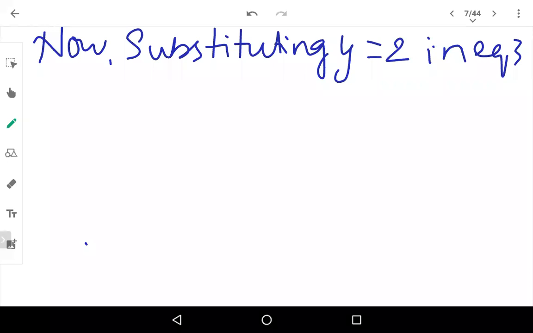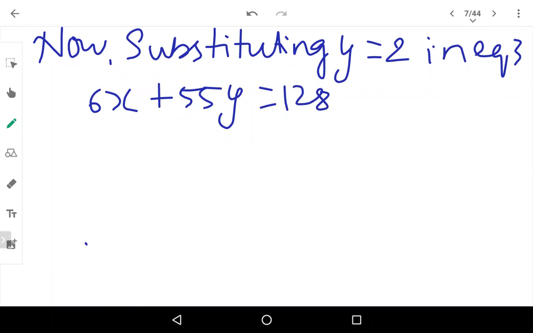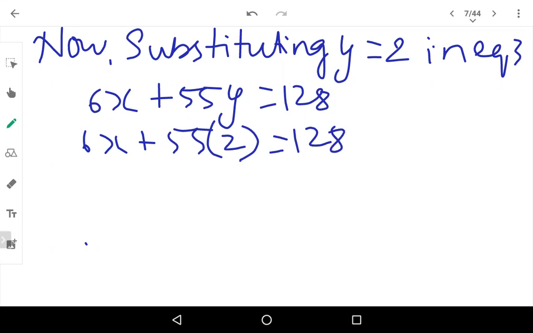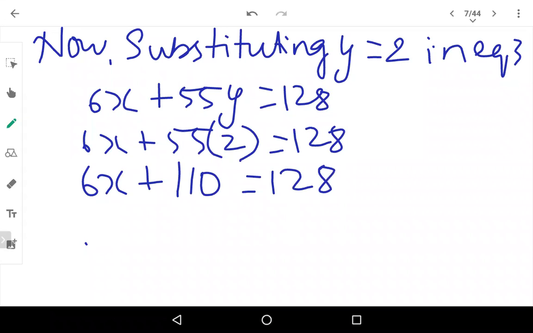What is equation 3? 6x plus 55y is equal to 128. So 6x plus 55 into 2 is equal to 128. 6x plus 110 is equal to 128. 6x is equal to 128 minus 110.